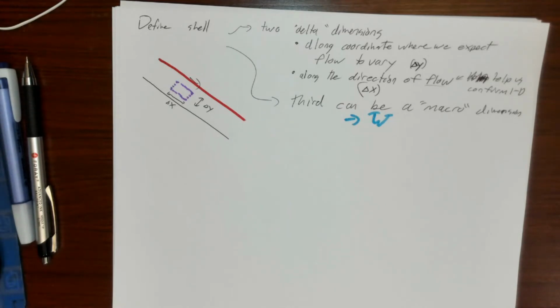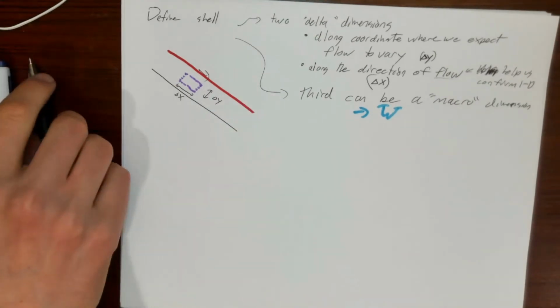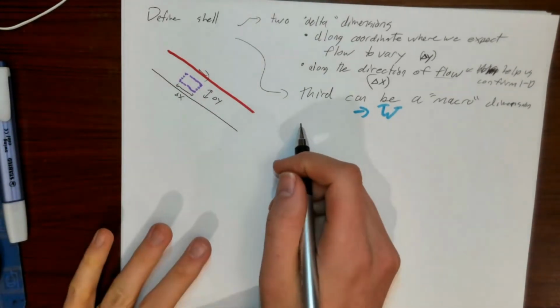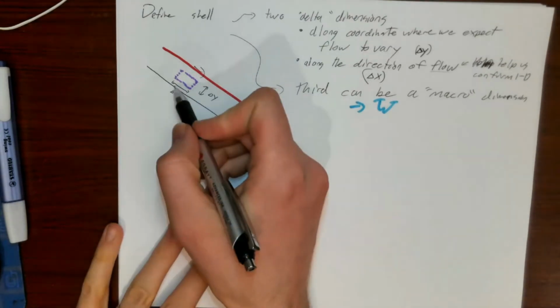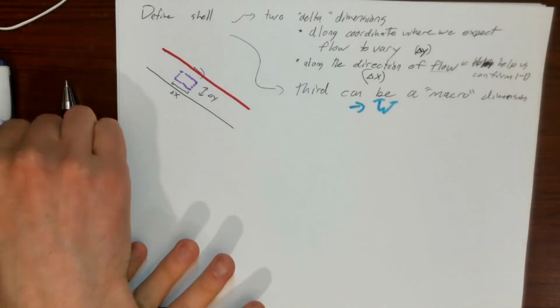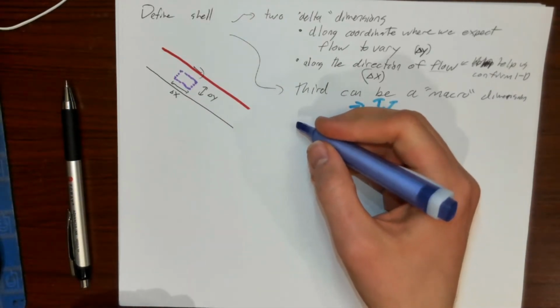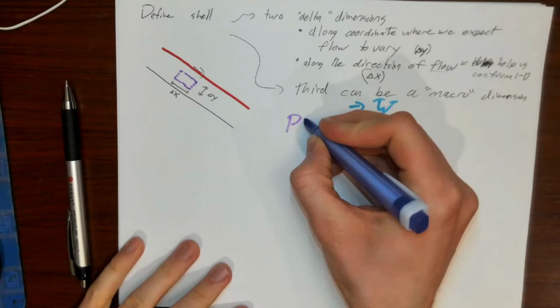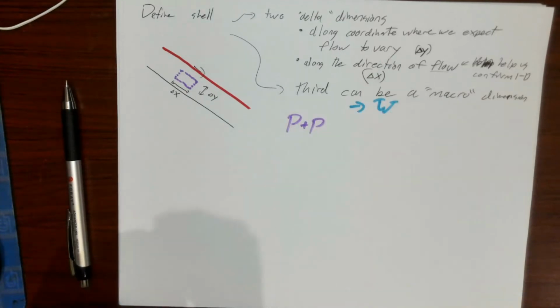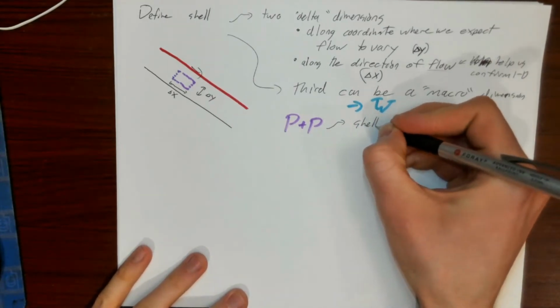Oftentimes, when we have this control volume, it's useful to characterize a couple of properties of this shell. So I'm going to ask you to pause and ponder and work out three characteristics of the shell. Three things: What is the shell volume?